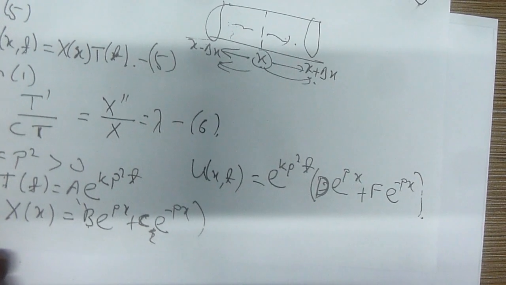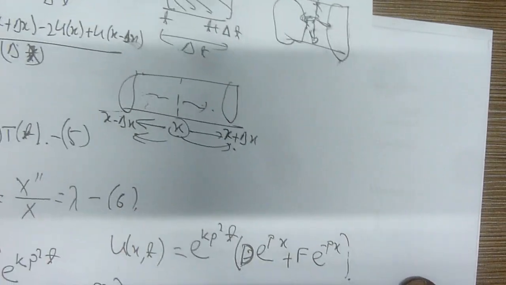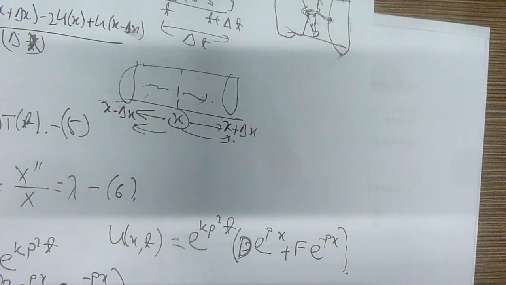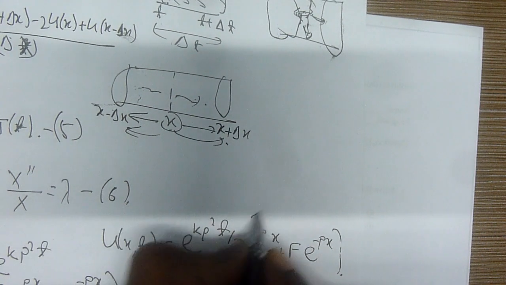Now, what about the next? The combination you have done, right? In this particular case, we try to apply the condition. We call this equation 6, 7.